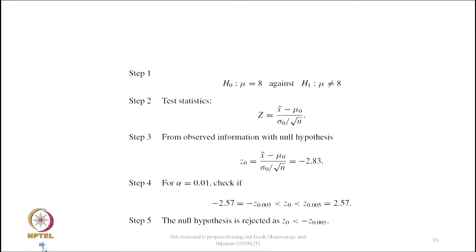Instead of saying the null hypothesis is accepted, the better statement is that the null hypothesis is not to be rejected if the z naught value does not lie in the critical region. Why is saying not to be rejected better than accepted? All the conclusions are based on a random sample of size n and the alpha level of significance.